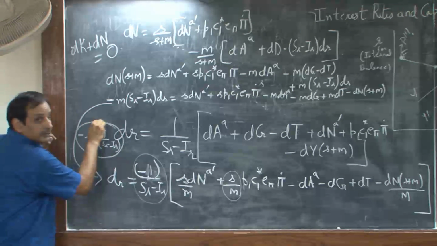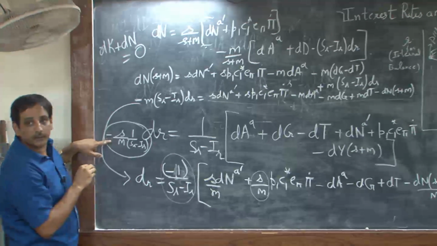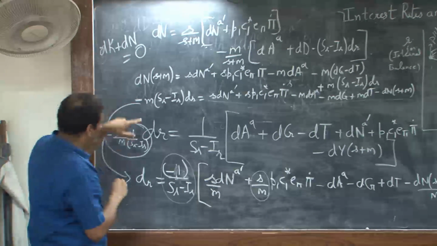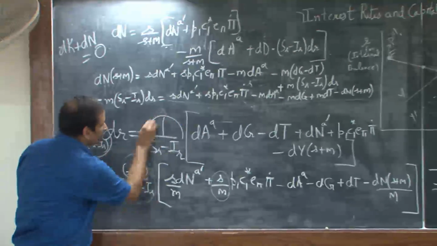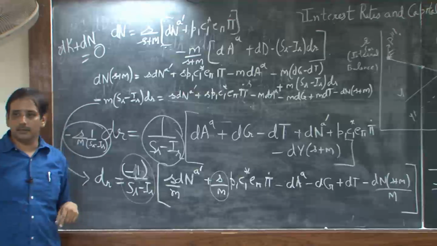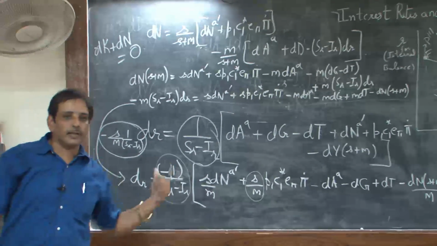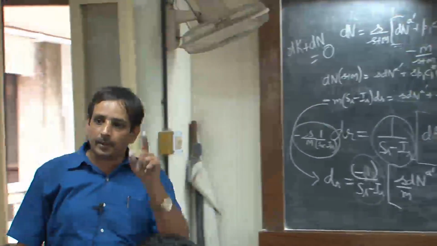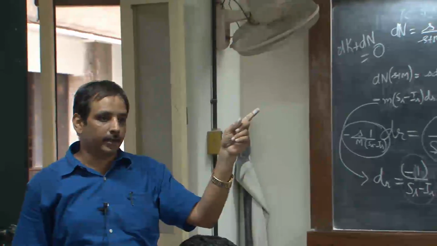One is this. This is the slope of the FF curve, and the slope of the YY curve is this. Which one do you see has a lower slope? And remember, it is a negative sign, so it's an angle which is greater than 90.